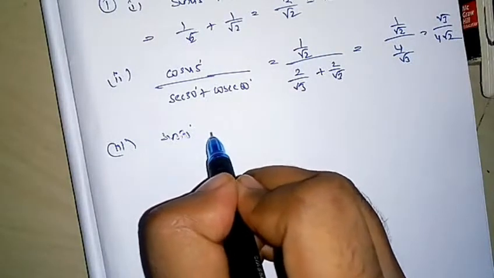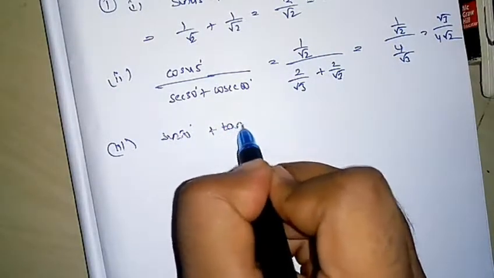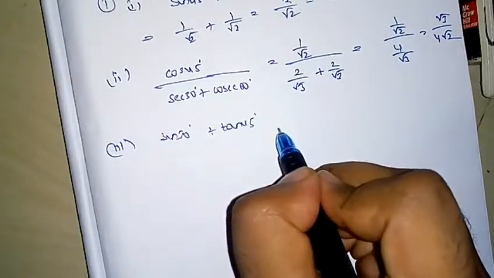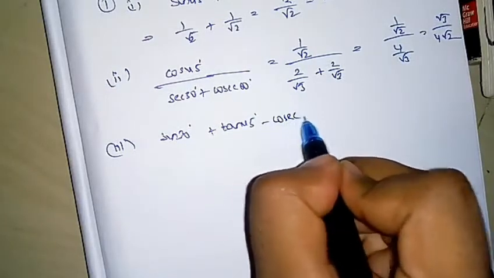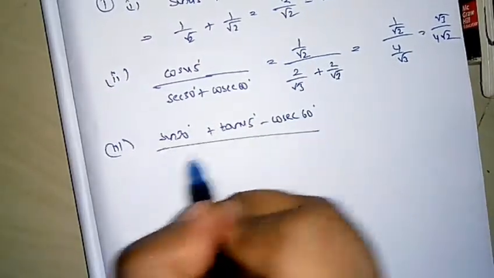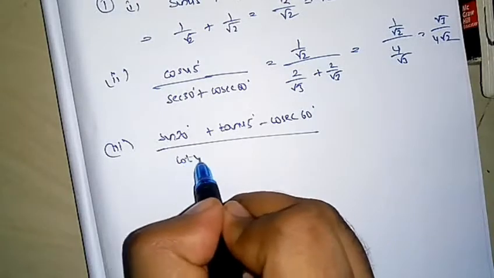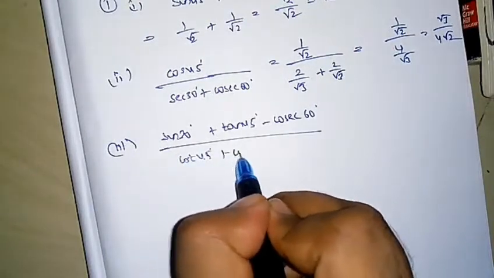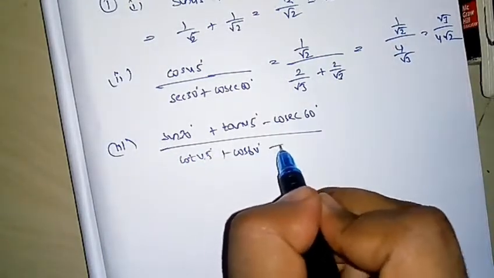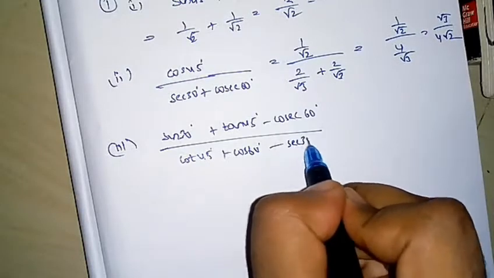Next, third one, sine 30 plus tan 45 degrees minus cosecant 60 degrees by cot 45 degrees plus cos 60 degrees minus secant 30 degrees.